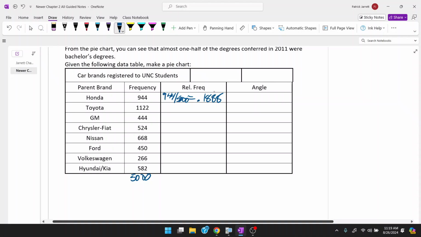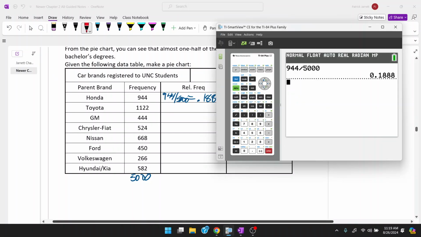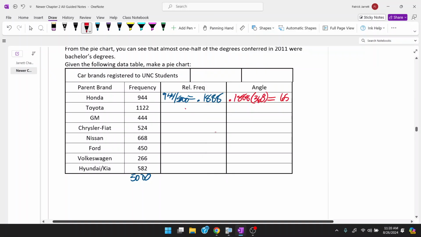So for the angle, we take this whole decimal, multiply it by 360 degrees, and round it to the nearest whole number. We're going to round that to 68 degrees.